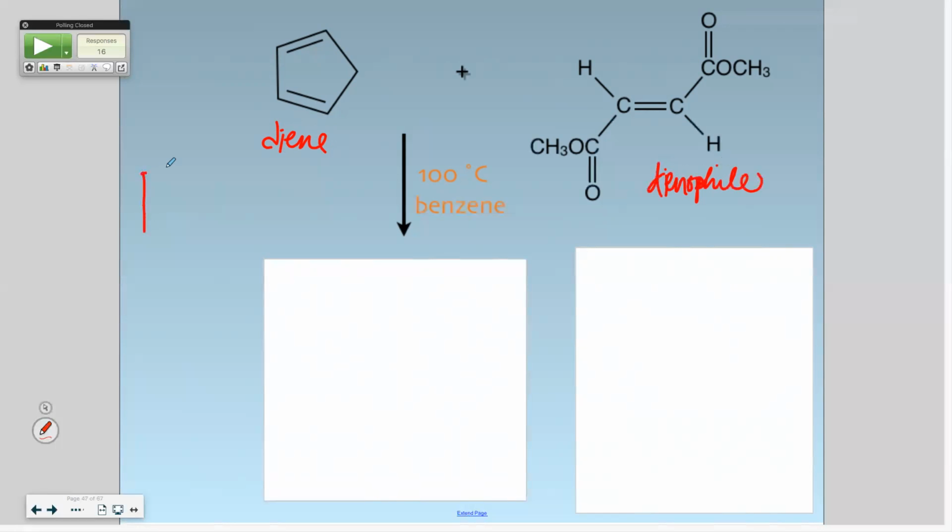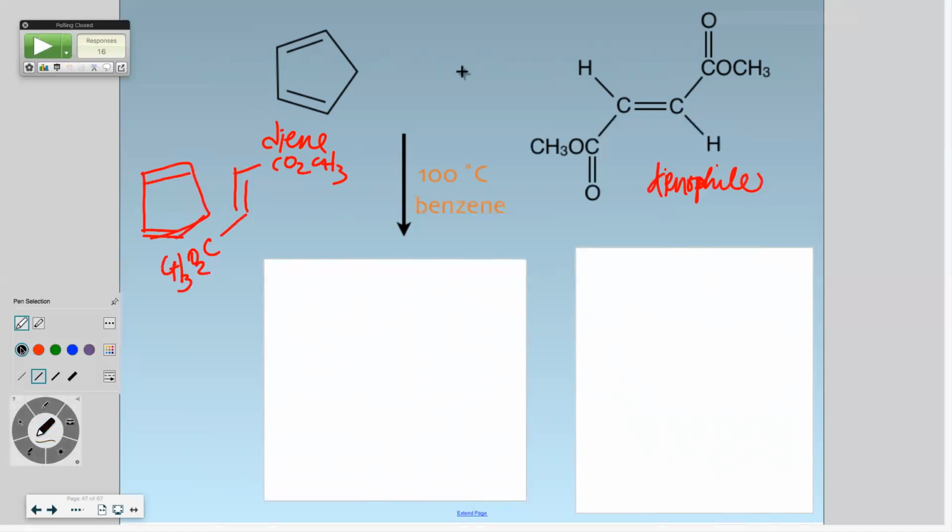Okay, remember that your diene, oops, I didn't draw it very well. Okay, you just have that extra CH2 up there. And we're going to go like this. CO2CH3. Go down here, CO2CH3. All right, so we're going like that.